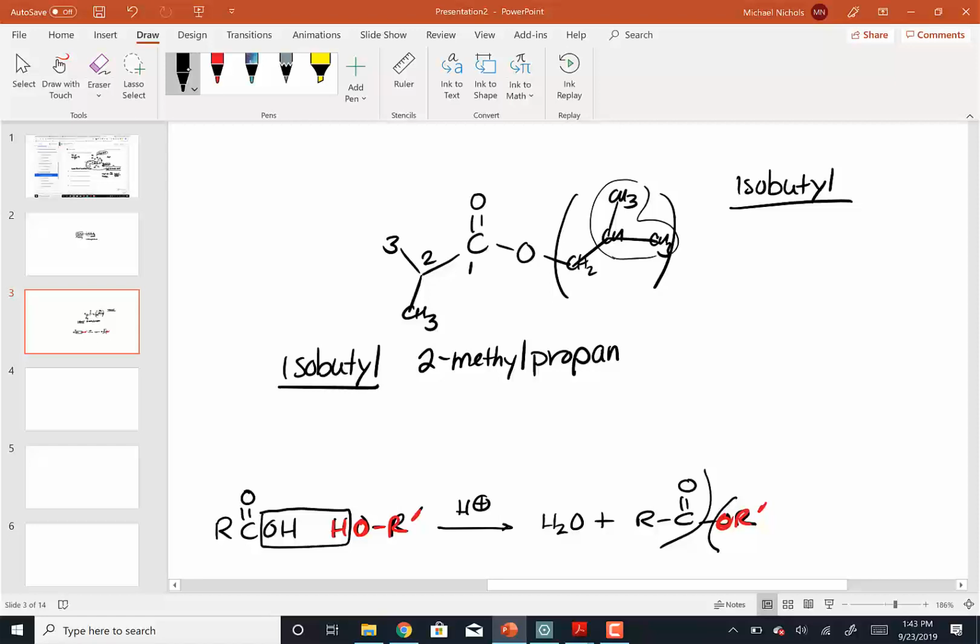And now if this was an acid, it would be propanoic acid, but since this is an ester, the final suffix is oate. So this becomes a 2-methylpropanoate. So the oate signifies ester. The propan indicates that it's a 3-carbon chain on the carboxylic acid side with all single bonds, and the 2-methyl indicates that there's a methyl group at carbon 2. So this would be isobutyl 2-methylpropanoate.